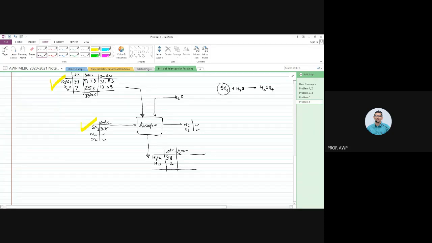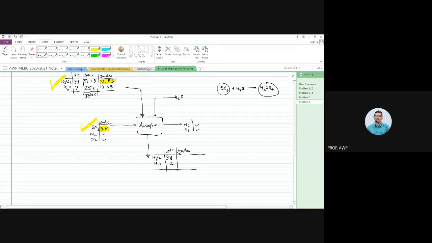I have 31.93 that is added from this stream, plus 31.25 gram moles going to react with water. So 31.93 plus 31.25 becomes 63.18 gram moles.